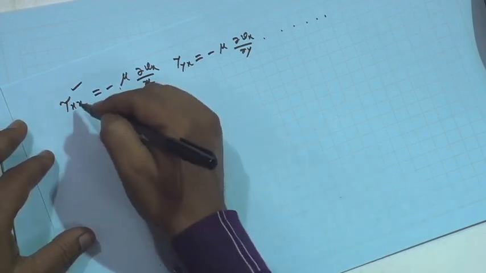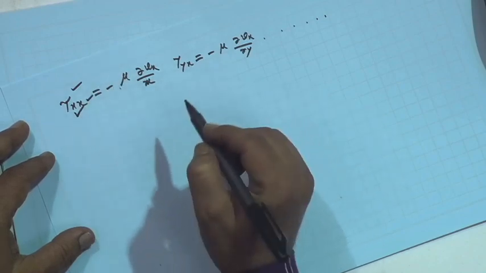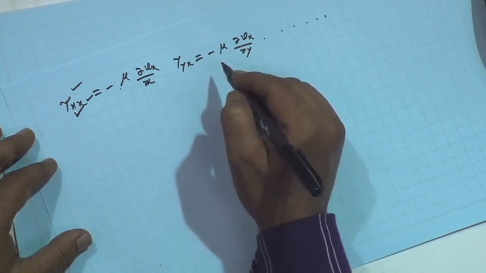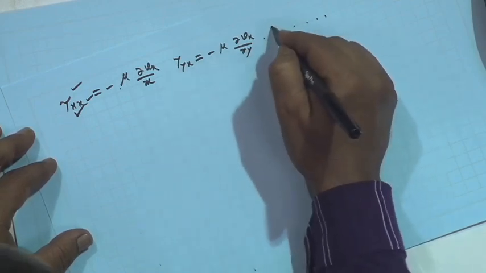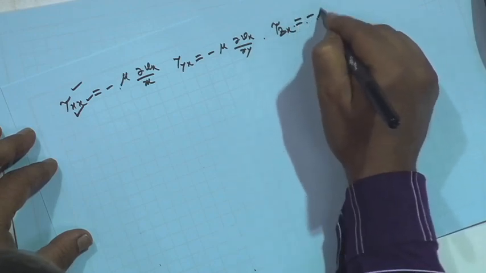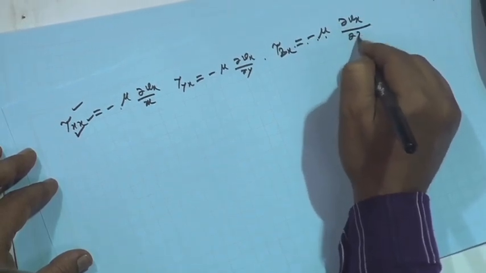You remember that this one and this one, I have given two, let me also give the third one: tau zx equals minus mu del Vx del z.